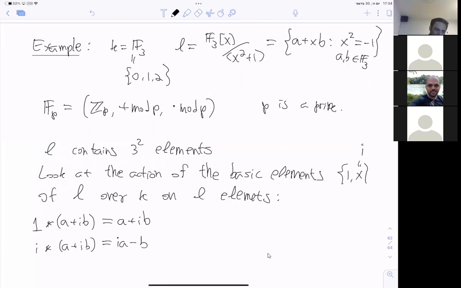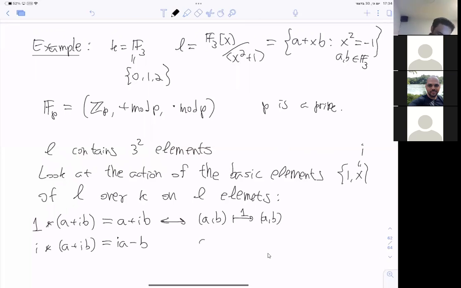If we want to translate these elements into vectors over F3, I mean over K, the description will be the vector (a, b), and (a, b) remains (a, b) under 1.